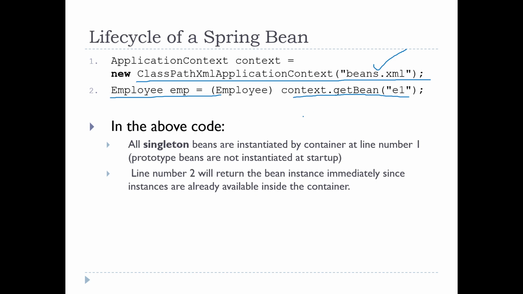So because of eager initialization, this code works very fast. The calling of the constructor or setting of all the data members is not done at line number 2 because it is already done here. The code is very fast. That is why eager initialization is very useful.